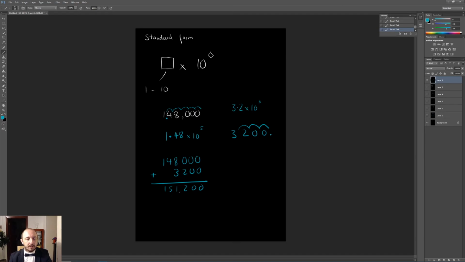So we have 151,200. So again, 151,200. We need a decimal point, which is going to give us a number between 1 and 10. So 1.512, and we would go 1, 2, 3, 4, 5 spaces, like that.